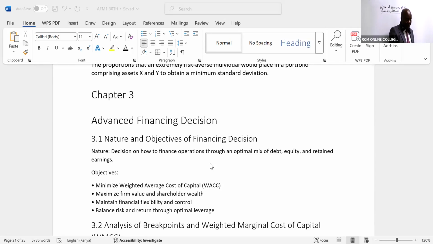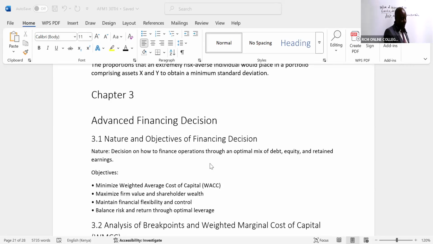So tell us then, these are decisions on how to finance operations through an optimal mix of debt, equity, and preference share capital.